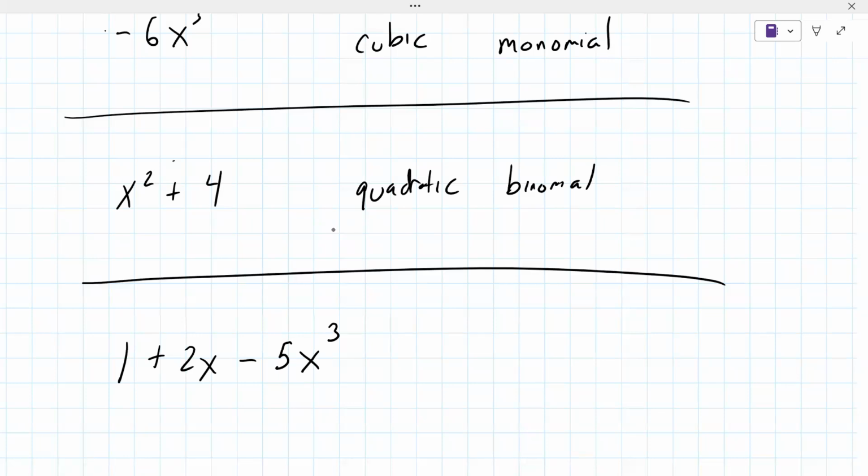Trinomial. Okay, and so cubic trinomial. Yes. All right, very good.